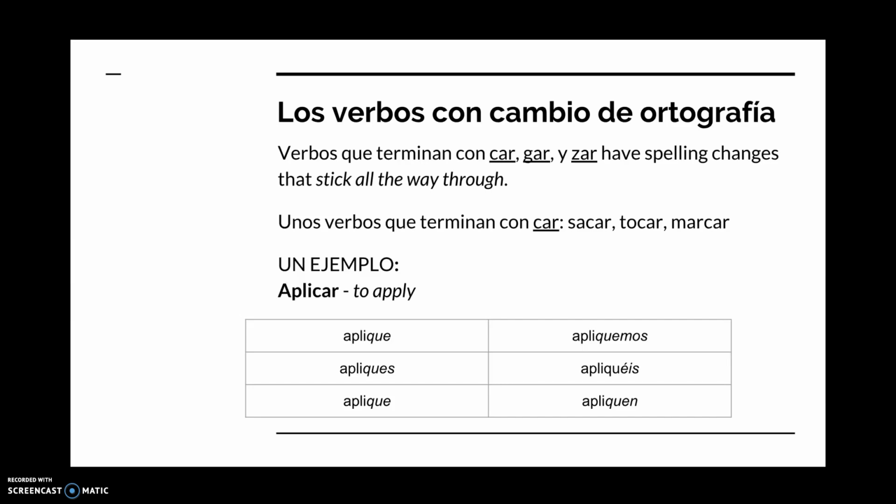The verb to apply to college or to a school or to apply for a job is a completely different verb. But this one we're using really in terms of applying a law or applying a certain idea to a situation. So you'll notice we have aplique, apliques, aplique, apliquemos, apliques, and apliquen. And that QUE stays with the ending all the way through.